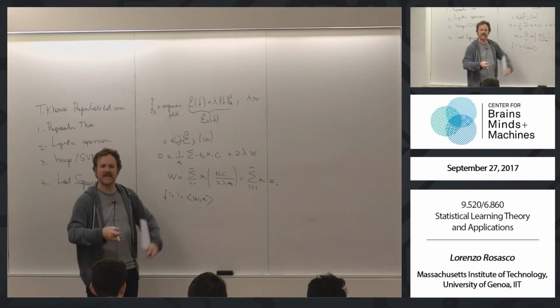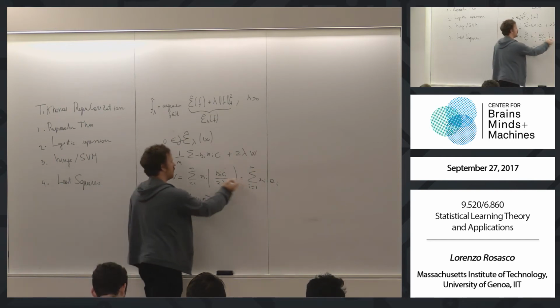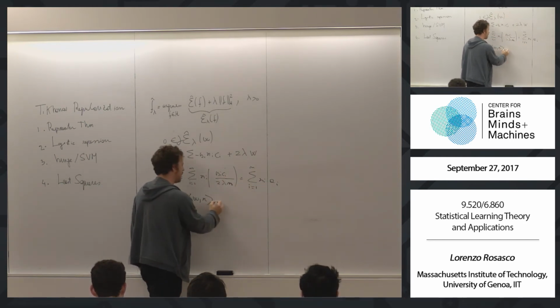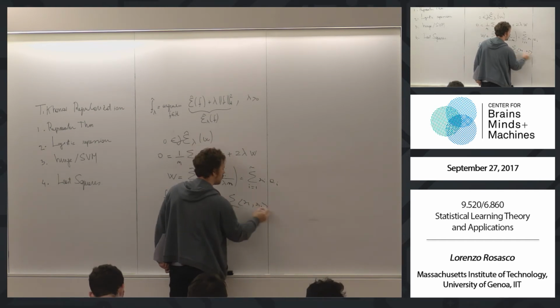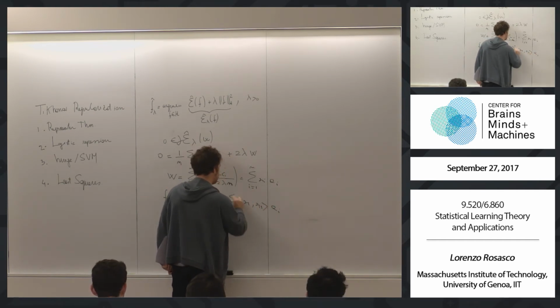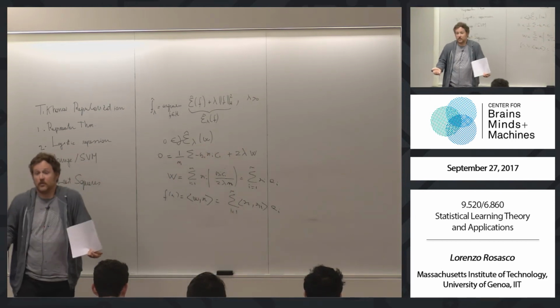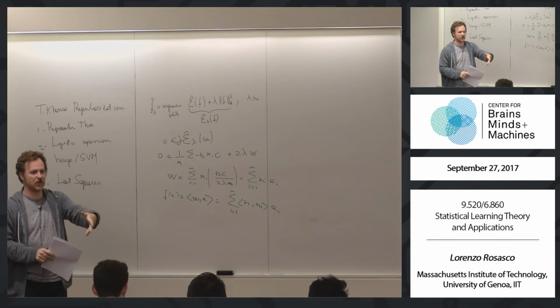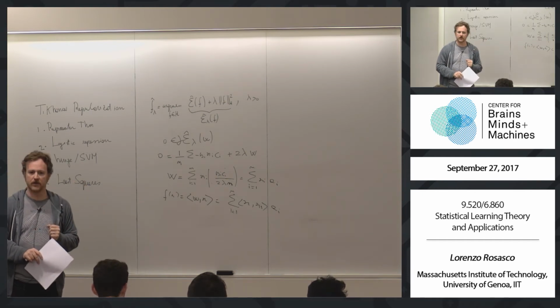We found yet another form of the representer theorem, because my w satisfies this, which means that my f satisfies this. As you might expect, we take something, set the derivative equal to 0, we get an optimality condition, and we get another representer theorem.